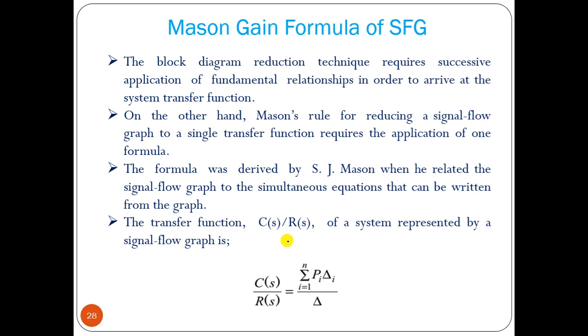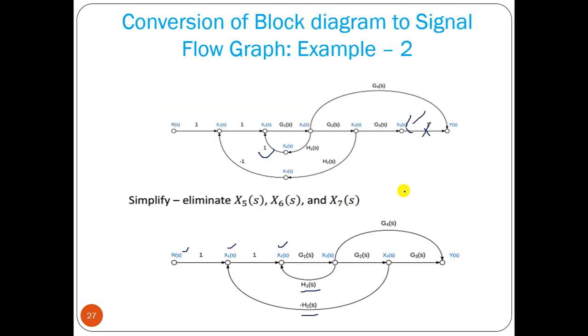Now what we have studied up to now is how to convert a block diagram to a signal flow graph, and what we can find out from a signal flow graph: forward paths and their gain, forward path gain, then loops and loop gains.